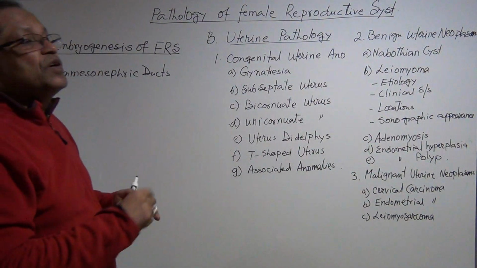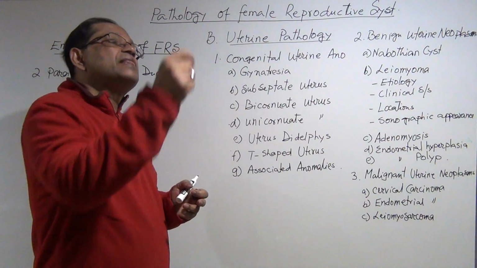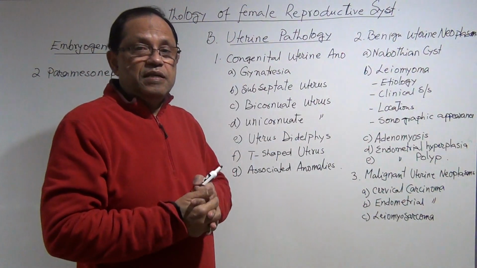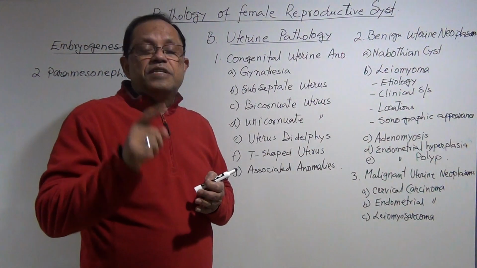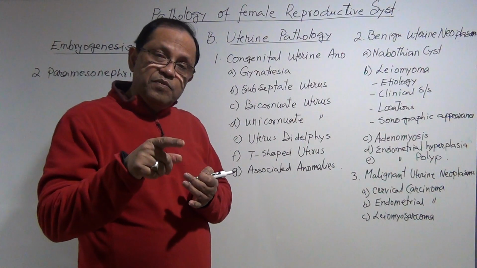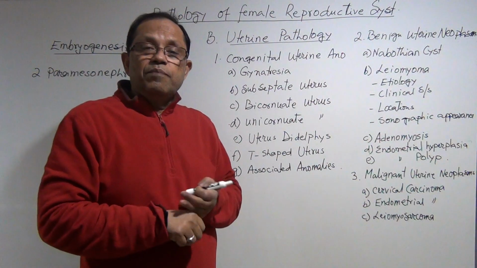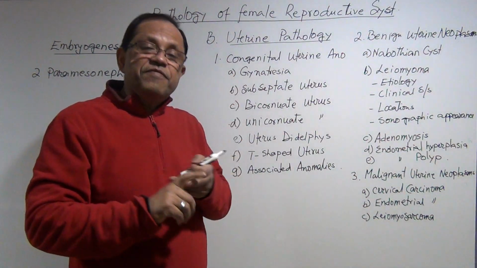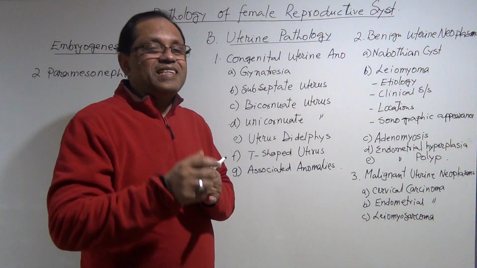Okay, so now the kidney has a collecting system, and the mesoderm, that is the cortical part, the tissue part, the parenchymal part. The kidney also develops from the intermediate mesoderm that forms the parenchymal part, and the mesonephric tubules form the collecting system.